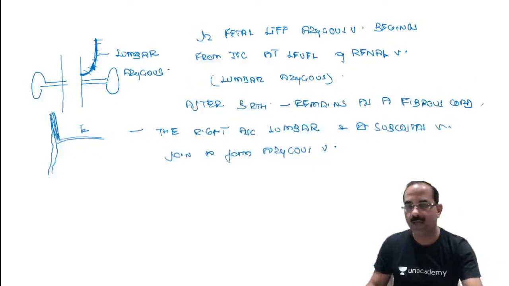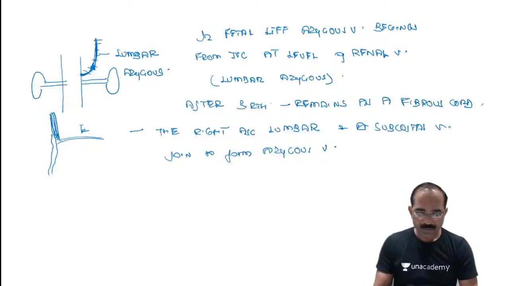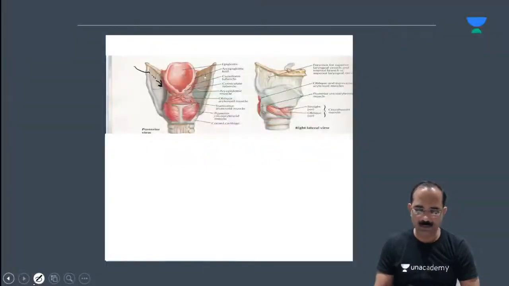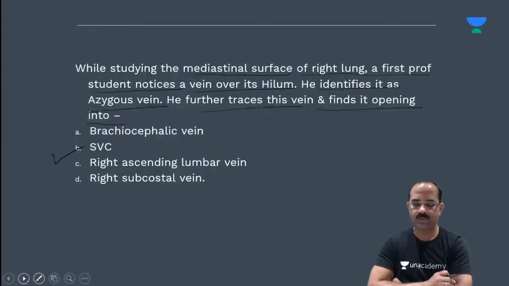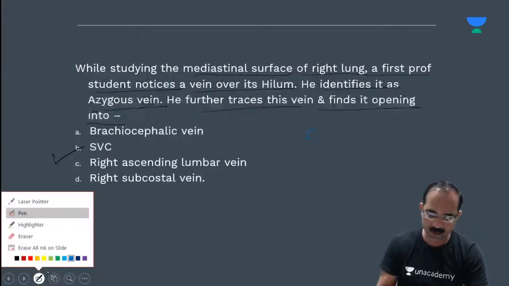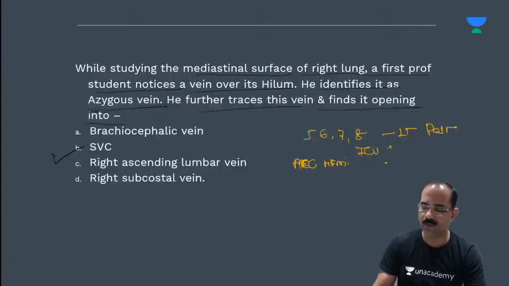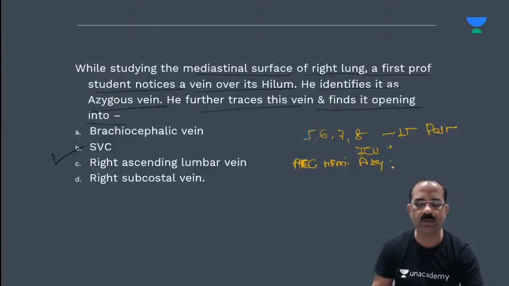Can anyone tell me how the hemiazygous vein is formed? On the left side, the left posterior intercostal veins 5, 6, 7, 8 join to form the accessory hemiazygous vein.